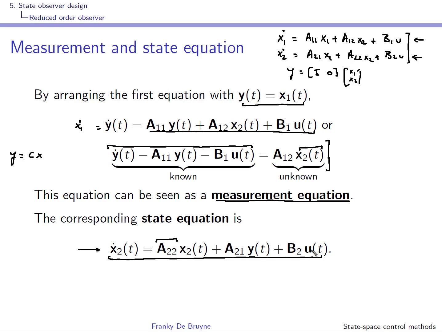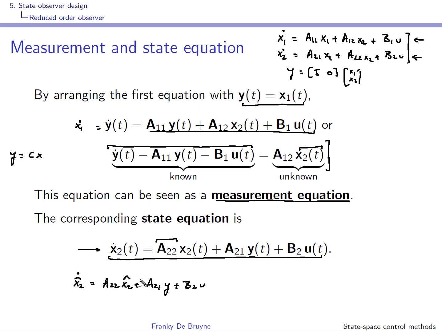So what you could do here is construct a naive observer for x2. Okay, so I'll call it x2 hat dot is equal to A22 x2 hat plus A21 y plus B2 u. But this will not work for the same reasons as the full order naive observer does not work.